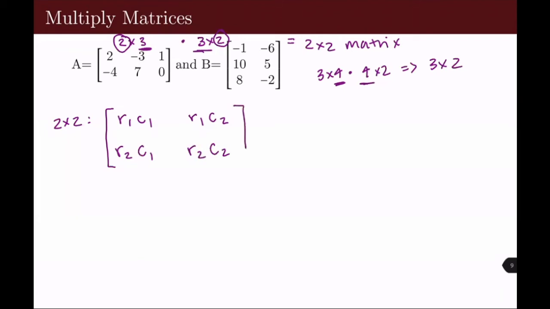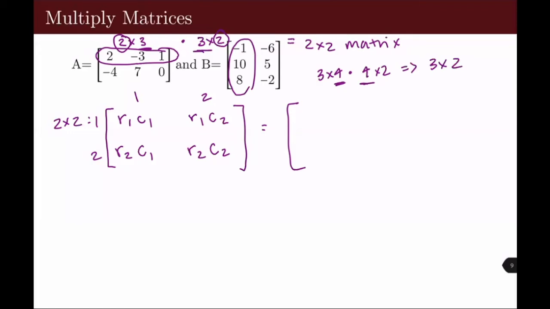And you may think, oh, well, that's kind of obvious. However, the process is slightly tricky. So when we're looking for, I'm just going to put equals here, and I'm going to do scratch work down here. So when we're looking for row 1, column 1, what we're going to do is take our row 1 from A and our column 1 from B, and we're going to match elements.